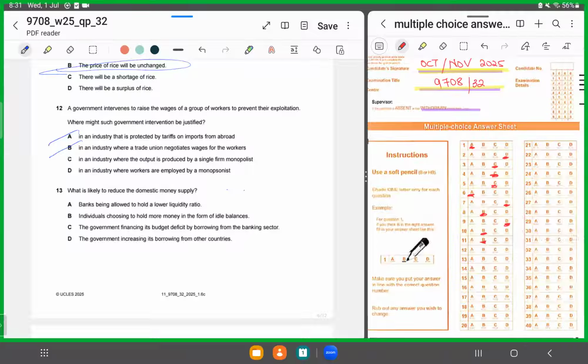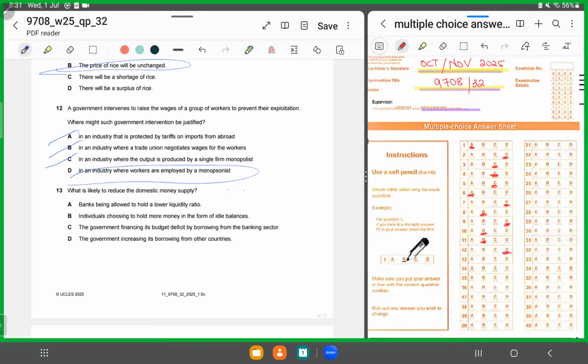So it cannot be C. It has to be D, an industry where workers are employed by a monopsonist. That means one dominant employer who is setting the wages. So he has all the wage setting power. So there are more chances that he might exploit workers. So 12 is D. 13.